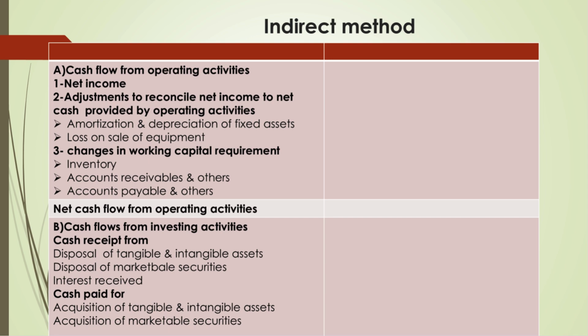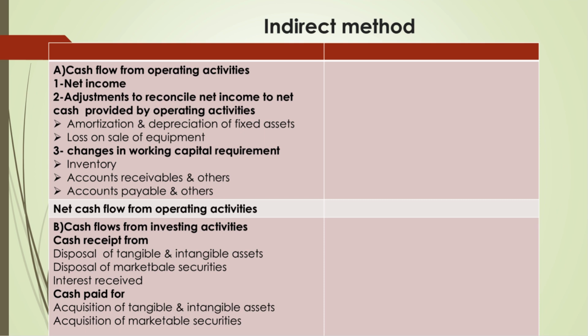Below, we have the table that represents the indirect method. Here in the cash flow from operating activities, we start with the net income, and we have some adjustments to the net income. We have the amortization and the loss on sale of equipment.